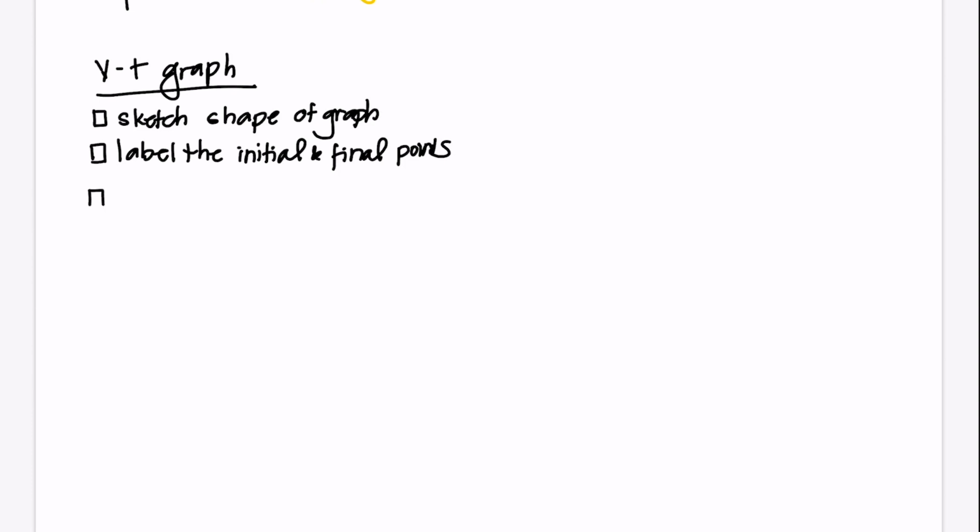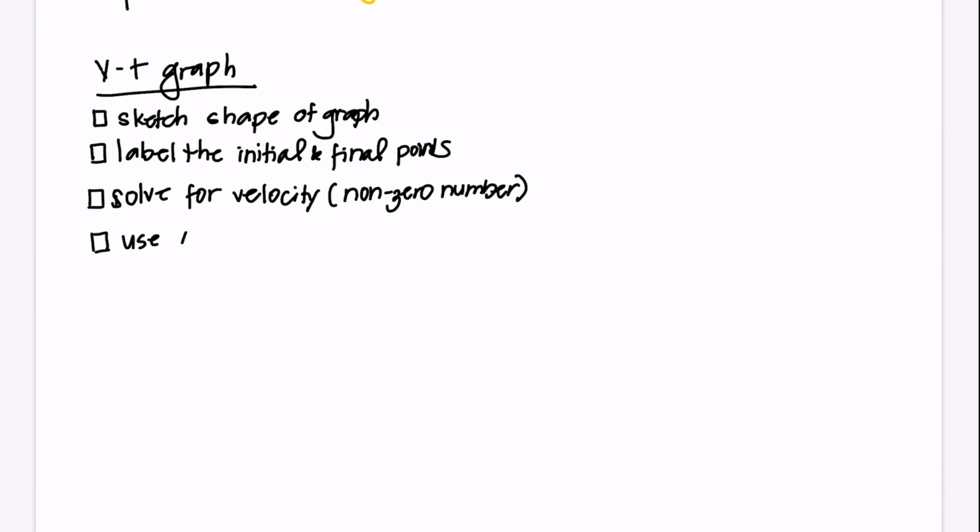You need to make sure that you have identified or solved for velocity, the non-zero number. So you're going to either start off with 0 or end with a 0. Okay, use the displacement from the position graph. And then you're going to solve for velocity.